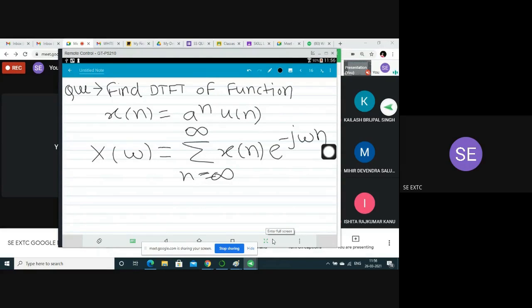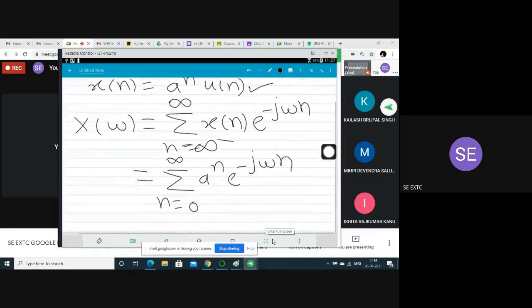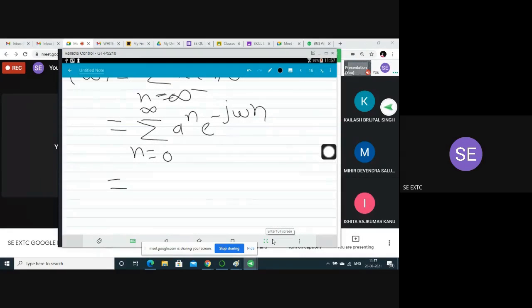Okay, so in this formula you have to put the value of x of n here. This is a to the power n u of n, as given. So this signal is from 0 to infinity. So we are taking n equal to 0 to infinity, a to the power n e to the power minus j omega n. Now we have to put the value of n from 0 to infinity.